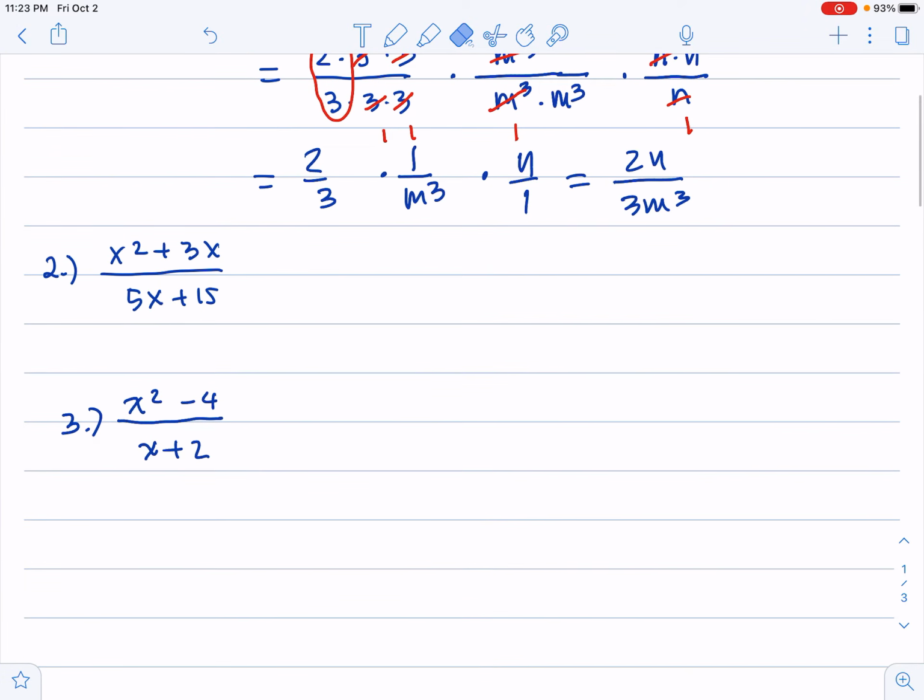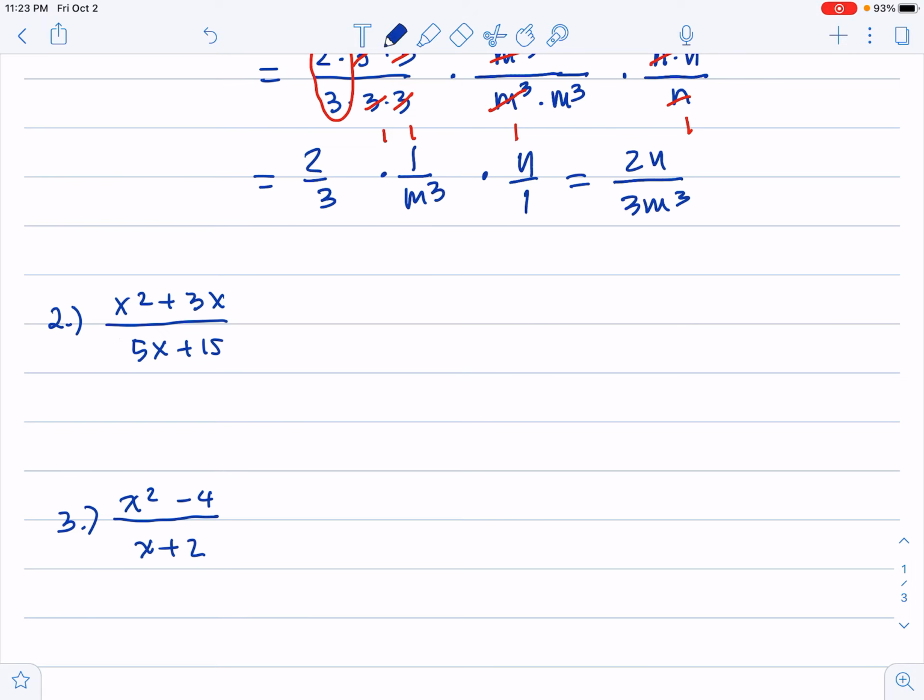For number 2, we have x squared plus 3x divided by 5x plus 15. So, x, may common na x, diba? So, pwede natin i-factor out. Again, this is factoring common monomial factor, no? Napag-aralan na natin to sa factoring.